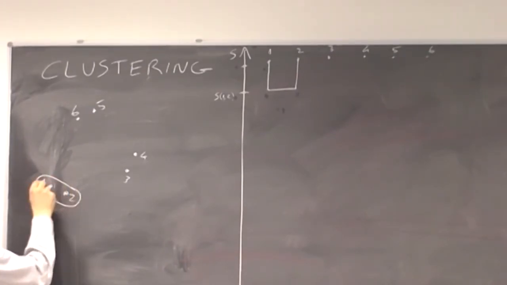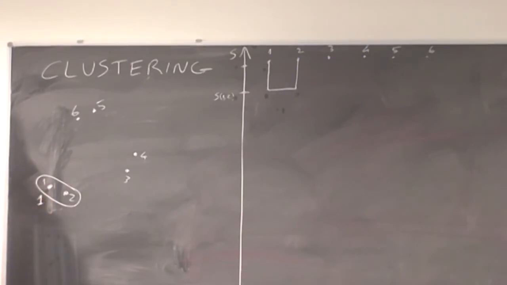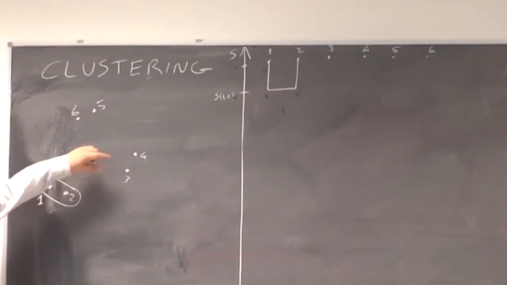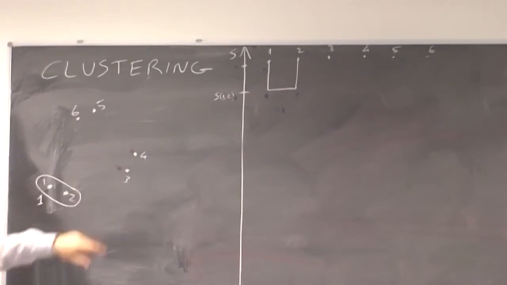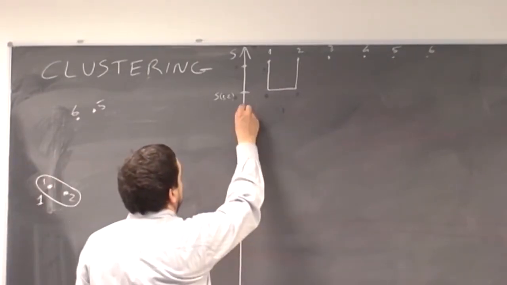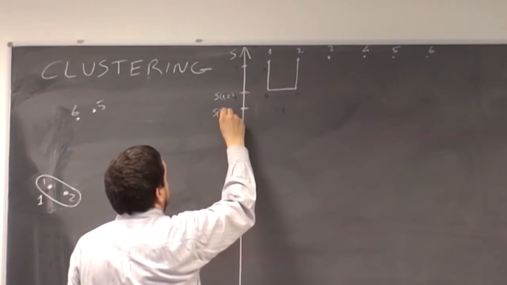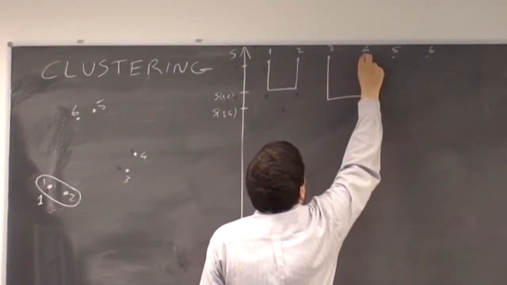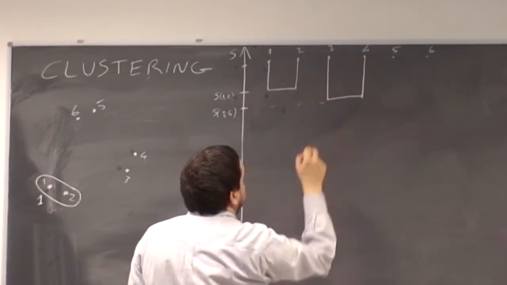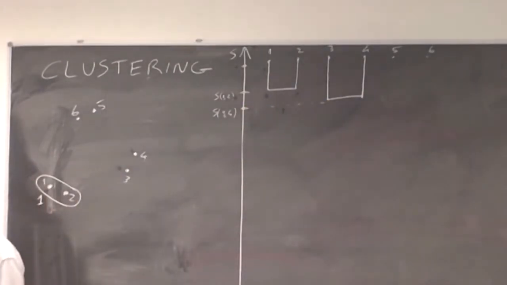And this corresponds to step 1 of the algorithm. Next, suppose that 3 and 4 are more or less as similar, maybe a little less similar. So we can draw them like this.